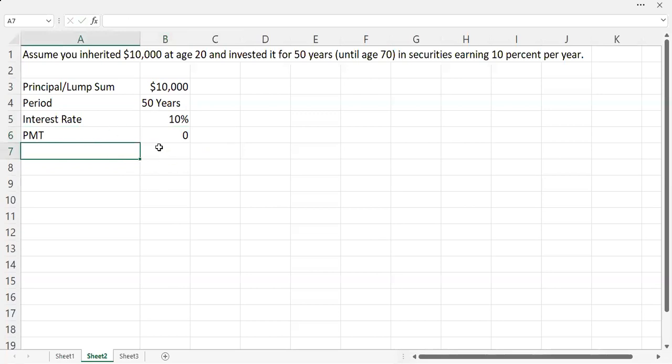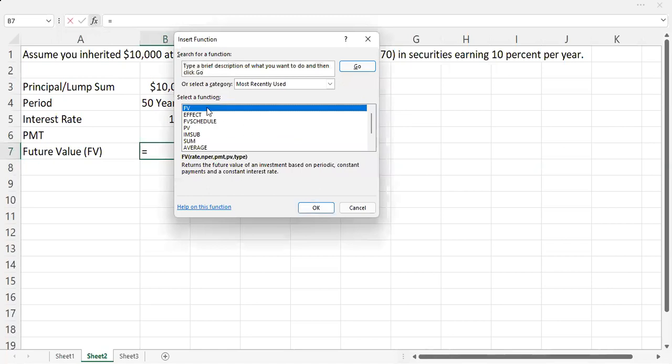So to calculate the future value, or in this case, let's shorten that to FV, using the spreadsheet, we use the FV function.